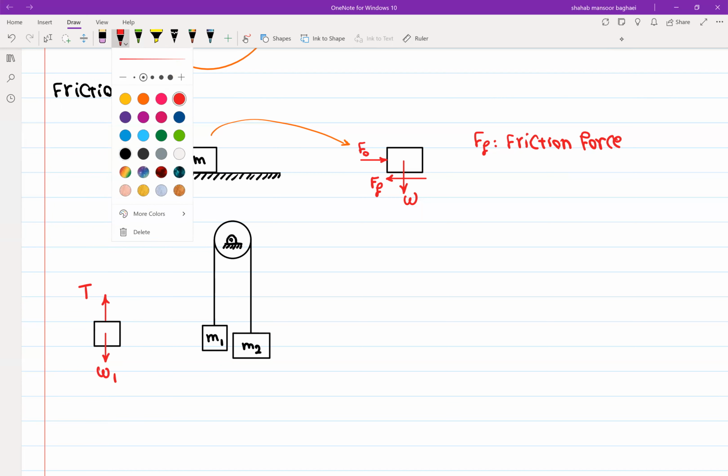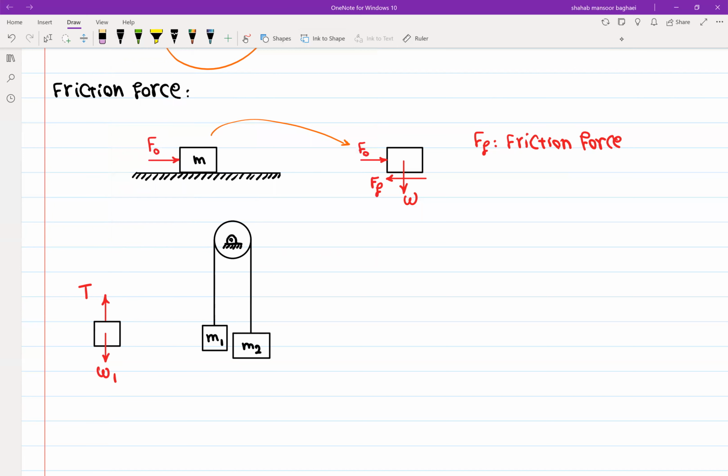Focus on the right side. You have block number 2. For here, this is your second block. Obviously, you have W2.